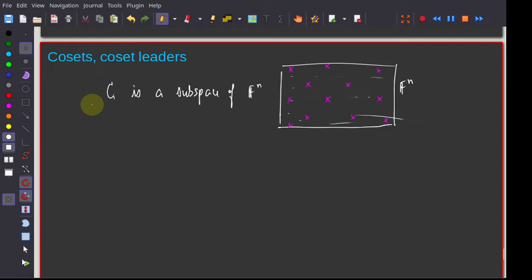So any set which satisfies these properties along with this binary operation forms a group. So C with the vector space addition forms what is called a commutative group, or an abelian group.